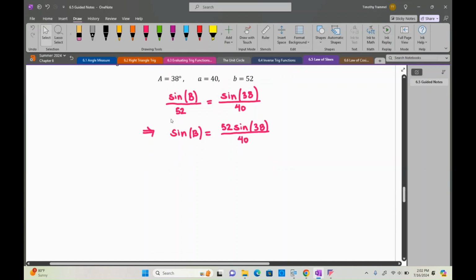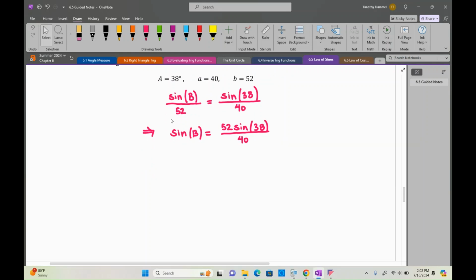When I go to solve for B here, I'm going to have to use sine inverse. And sine inverse can only give us angles between minus 90 and 90. So if this angle B is actually an obtuse angle, we're going to have to do 180 minus sine inverse. But also, maybe big B is an acute angle. What we're going to see is that we end up with two possibilities here.